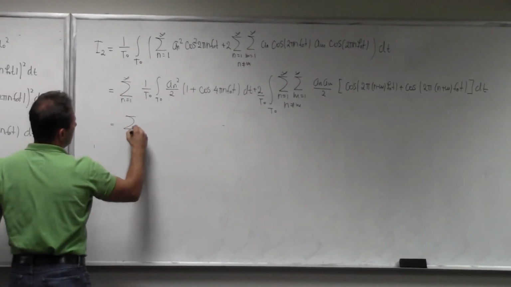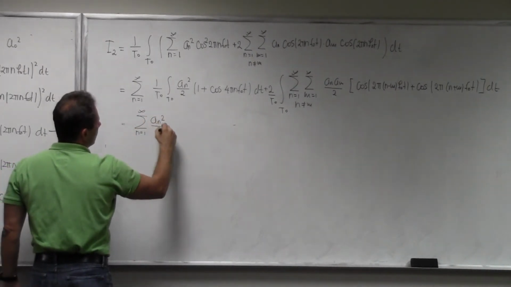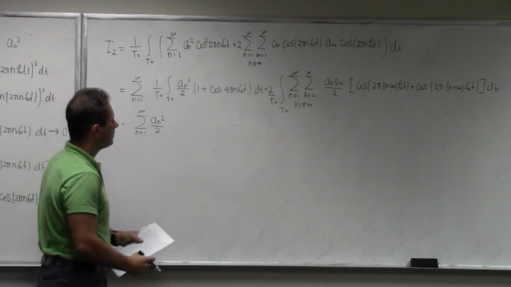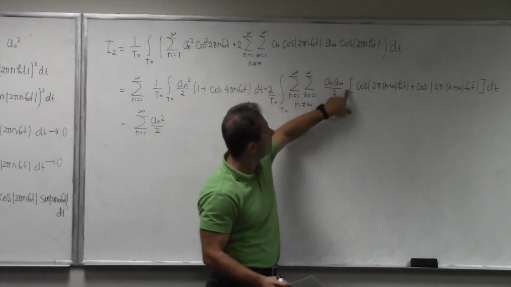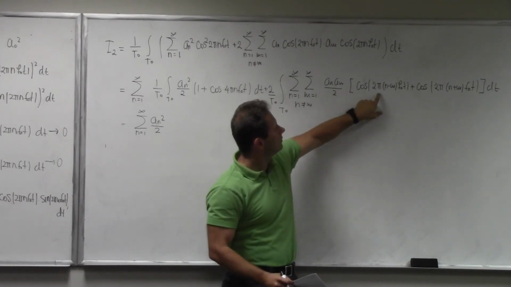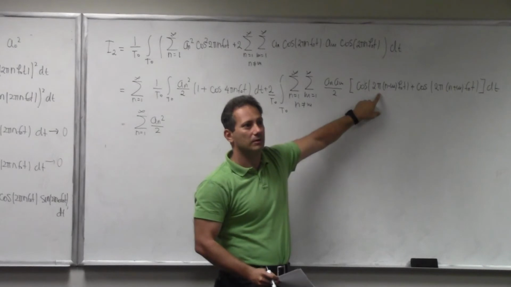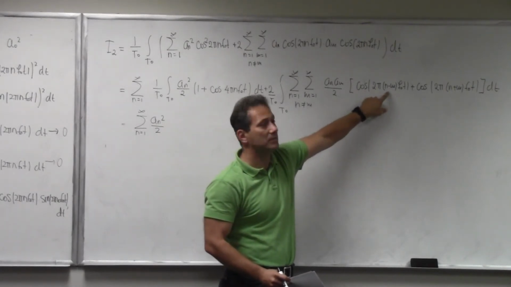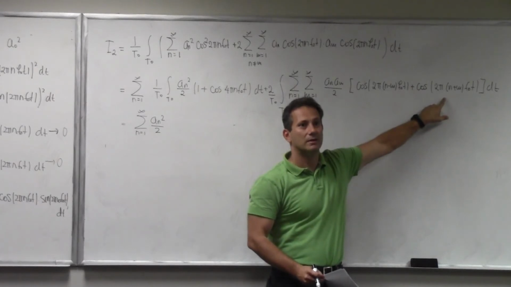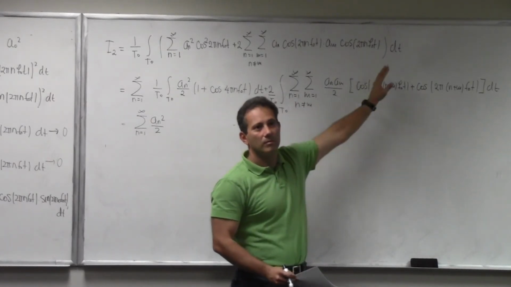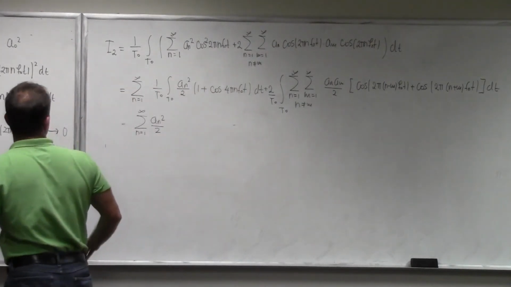Sum when n goes from 1 through infinity, an squared over 2. So let's take the second one. Bring this integral all the way here. And I'm averaging this cosine. What's the average of this cosine? 0, right? Because n is different than m. This is always a cosine. What's the average of this cosine? So this whole mess is 0, right? So there it is. This is the I2.